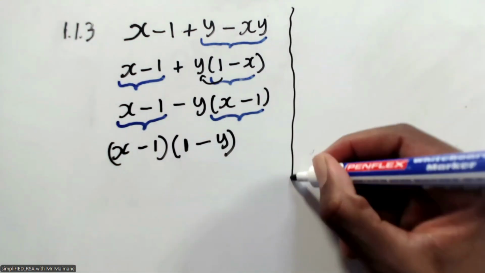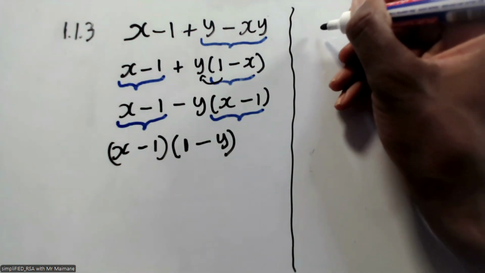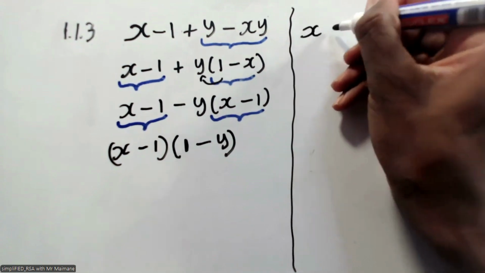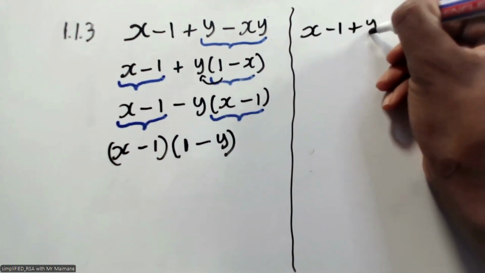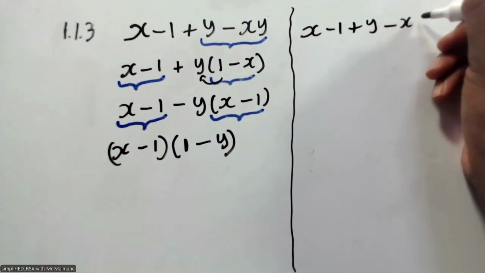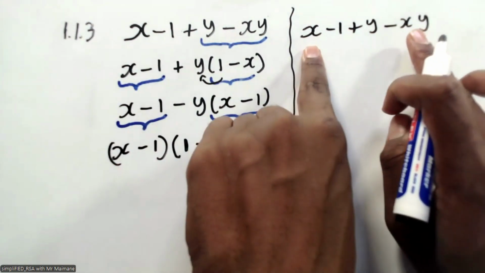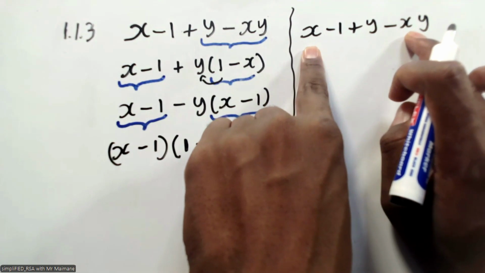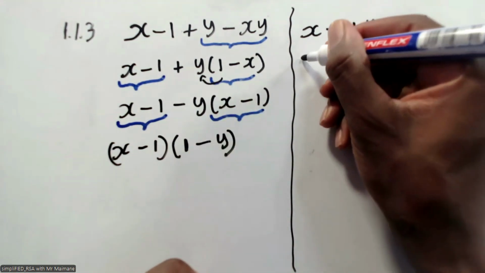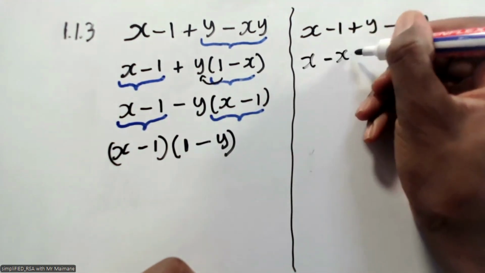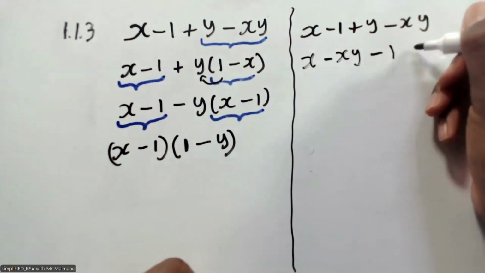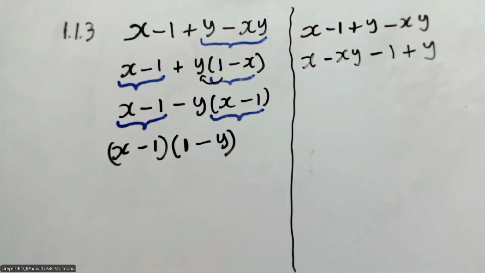Another way to solve this, which is going to yield exactly the same answer, would be if we have x minus 1 as given again, using the grouping method, someone may identify that I have x and minus x, which has a common factor of x, and rewrite this as x minus xy minus 1 plus y. It's given like that.